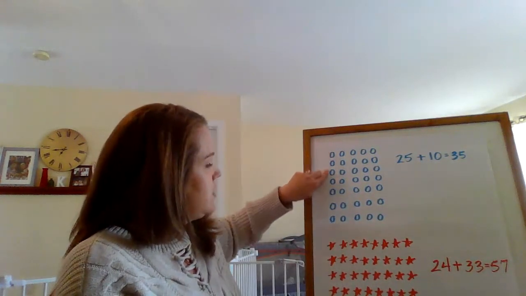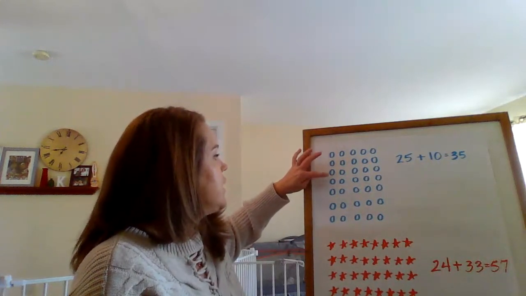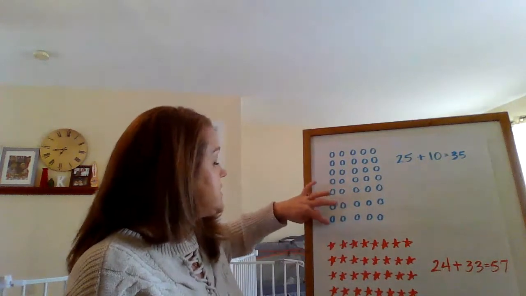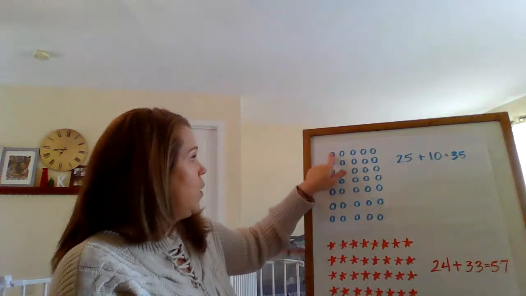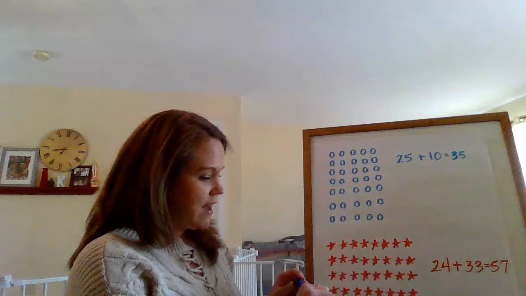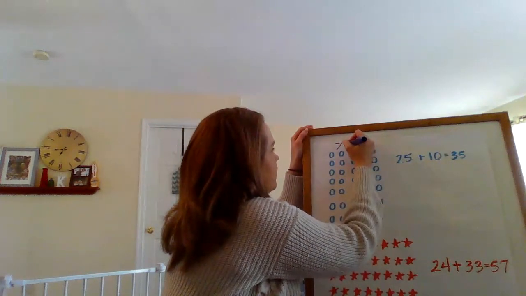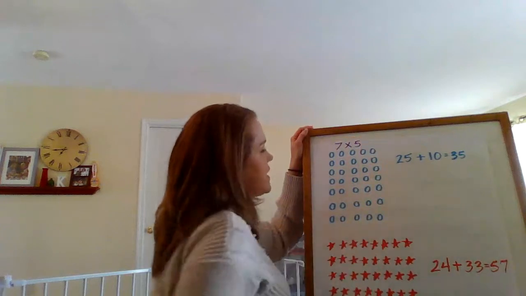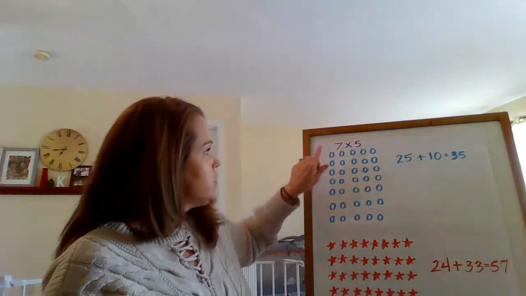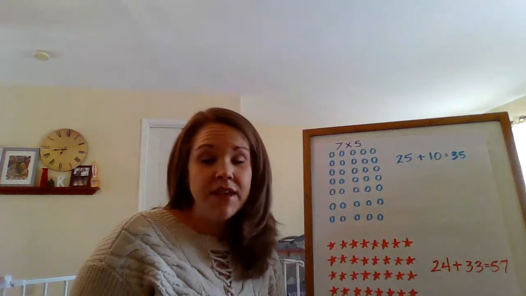Let's see what this array actually is. We have 1, 2, 3, 4, 5, 6, 7, and 1, 2, 3, 4, 5. So it's 7 by 5, or 7 times 5. I'm thinking, how did they break their 7 up?